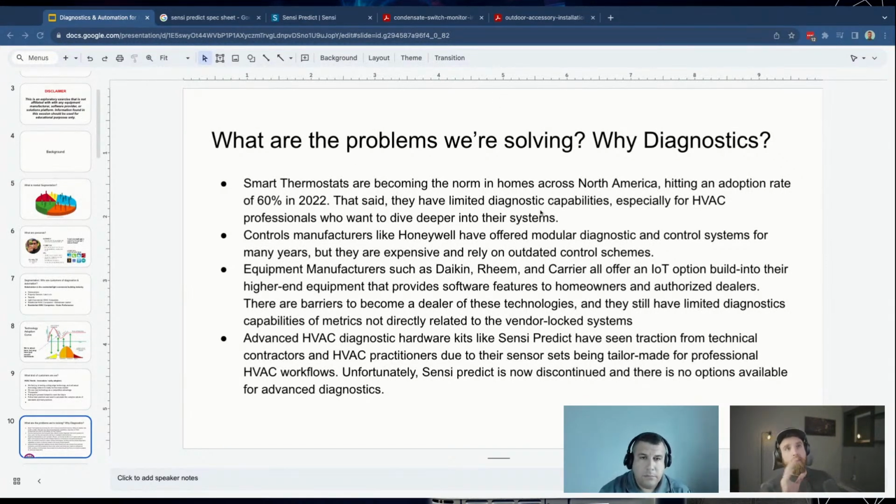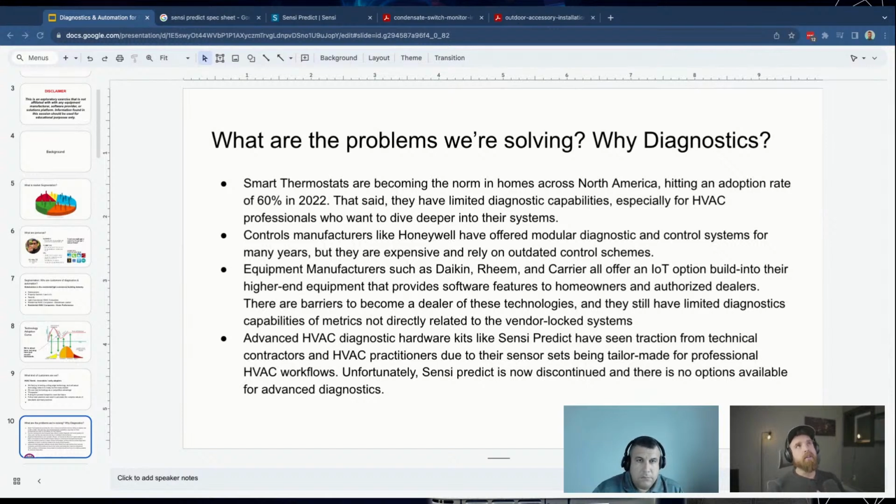And so, smart thermostats, and in the comments, on any of these points on the screen, if you agree or disagree with them, please let us know, and we'd love to discuss. But for me, smart thermostats keep getting smarter every year.